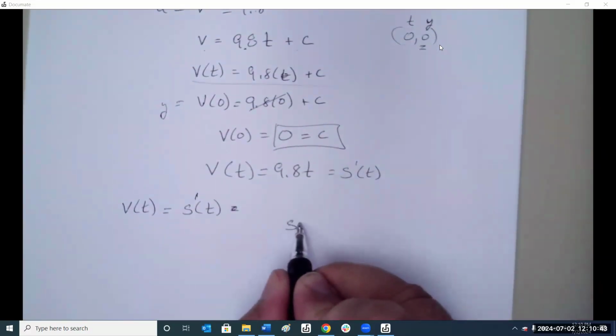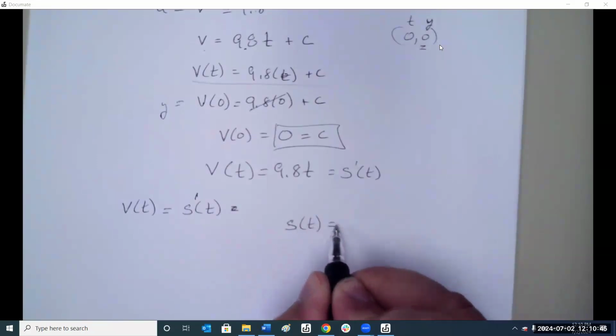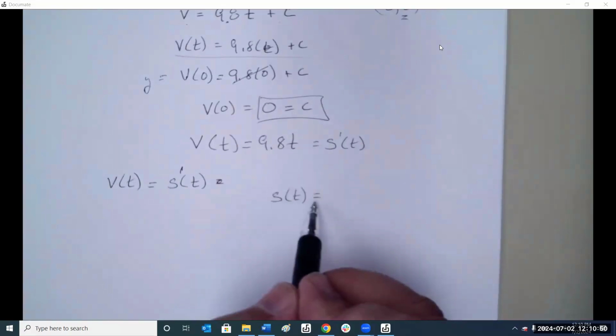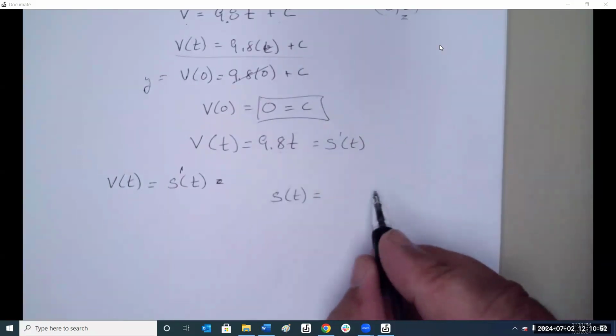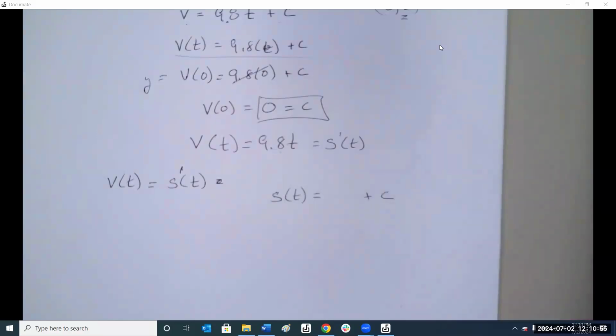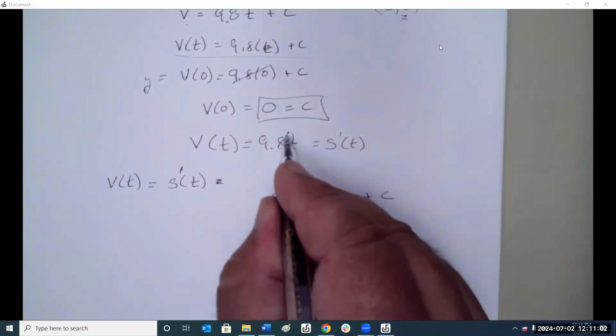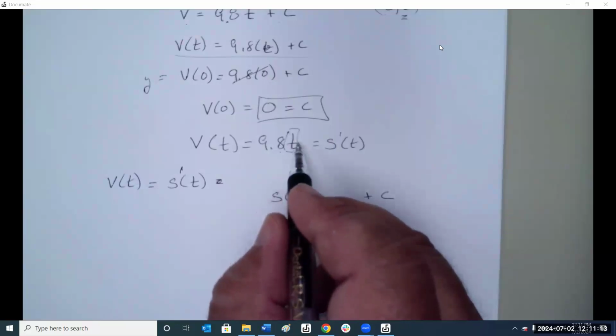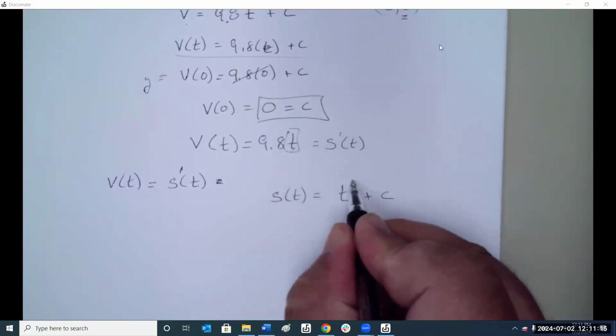What function could I use that when I take the derivative of it, I get that plus c? Remember, let's look at t. At the end of the derivative, you got t. So where did t come from? What did it have to have? It had to have a t squared.